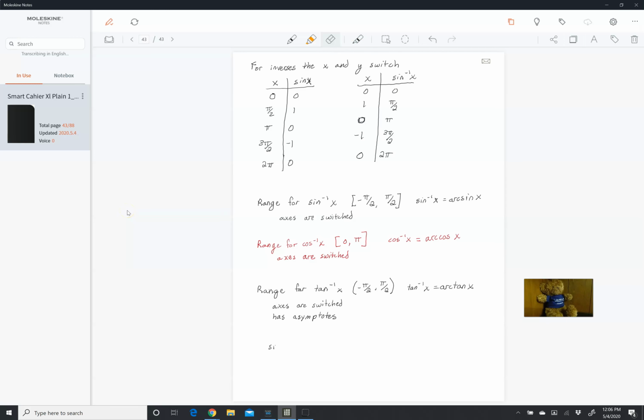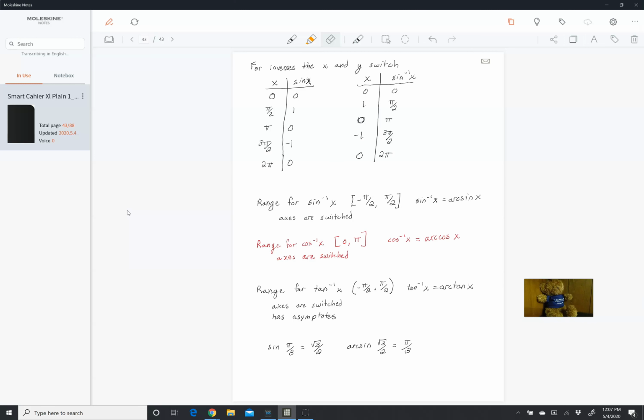the sine of pi over 3, this is 60 degrees. The sine of pi over 3 is square root of 3 over 2. So the arc sine of square root of 3 over 2 is pi over 3.